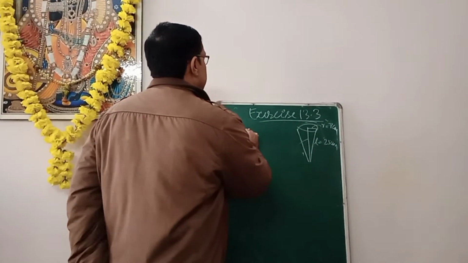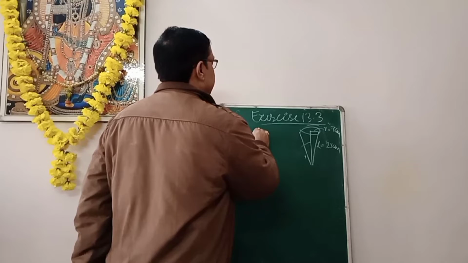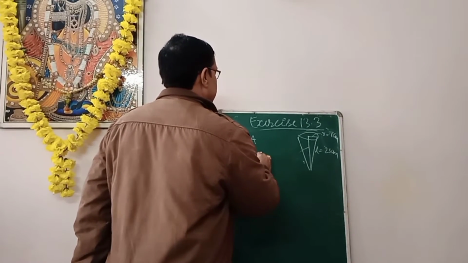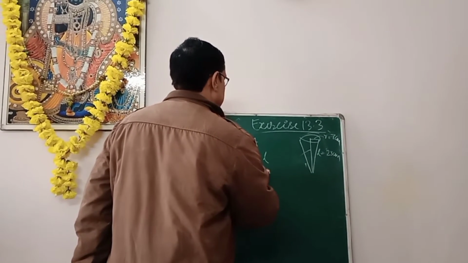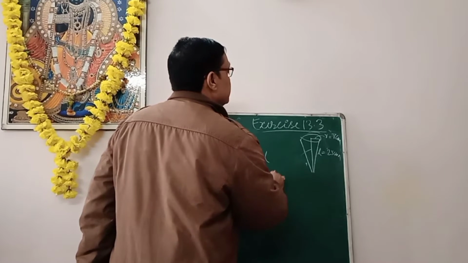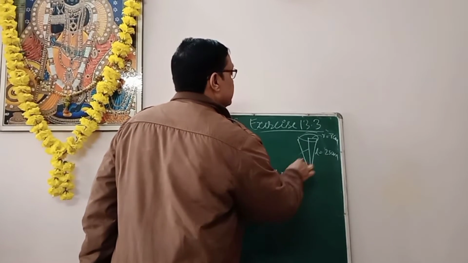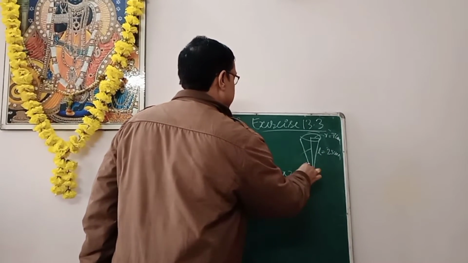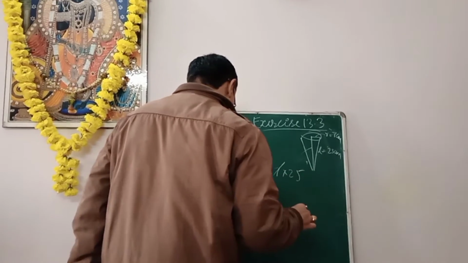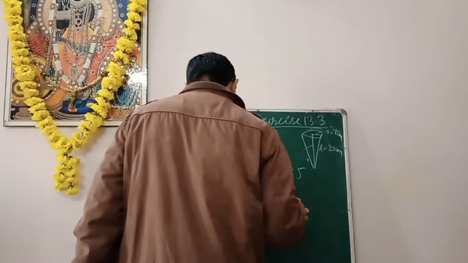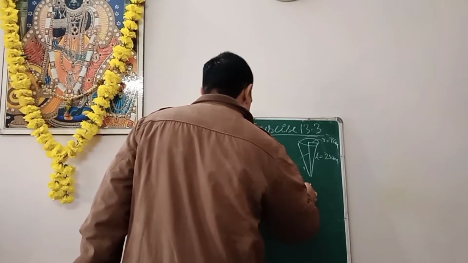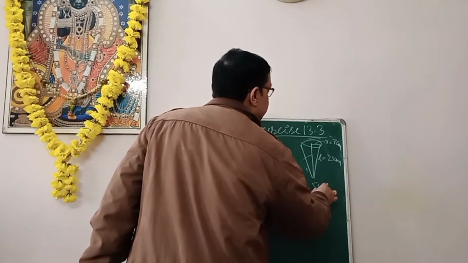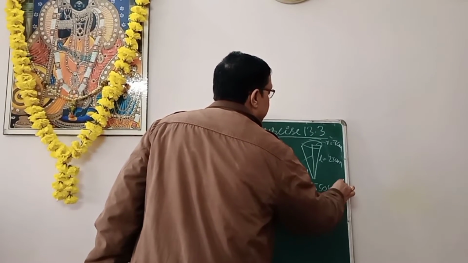So what is the CSA? CSA will be pi RL. So 22 upon 7 into R 7 into L 25. So 25 into 22, that is 550 centimeter square.